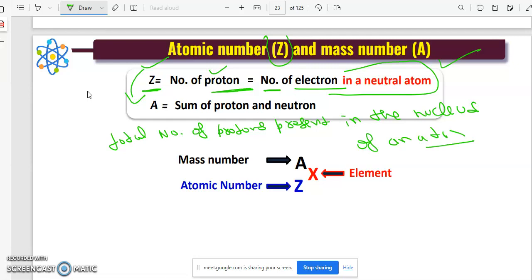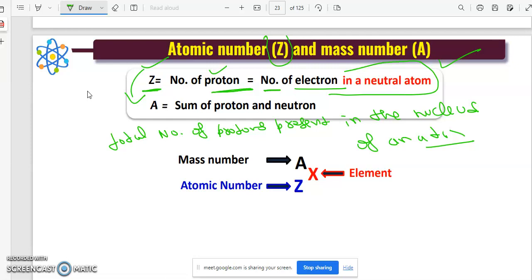Also, you can define it as the total number of electrons present in a neutral atom. So the total number of protons in a neutral atom is also the atomic number. I can also define it as the total number of electrons present in a neutral atom.